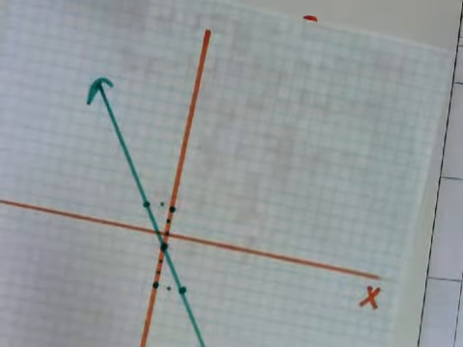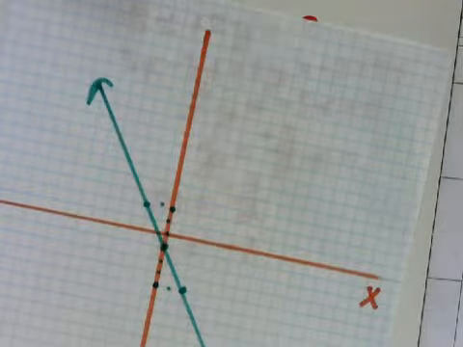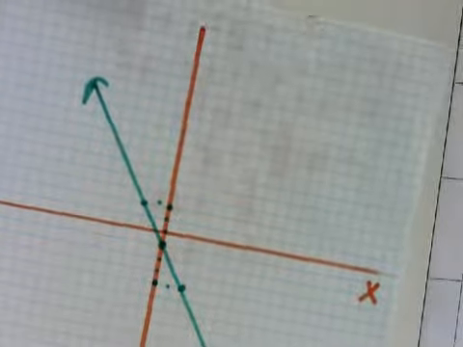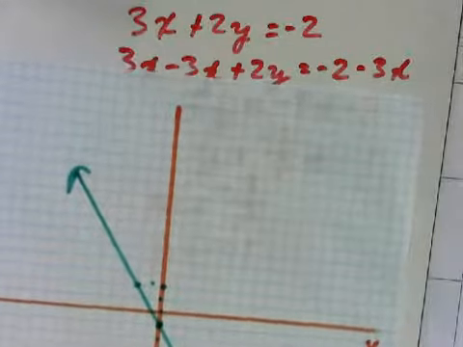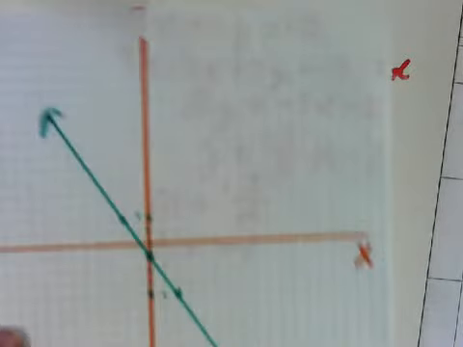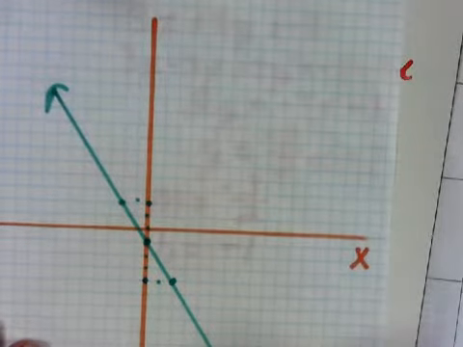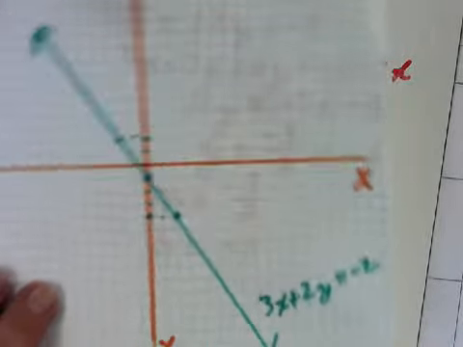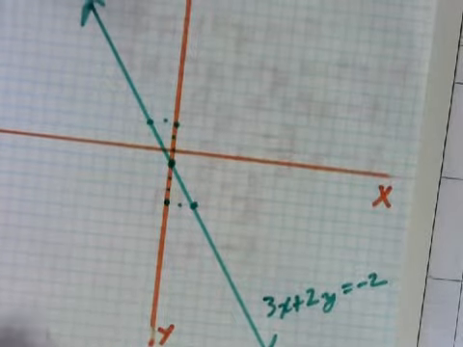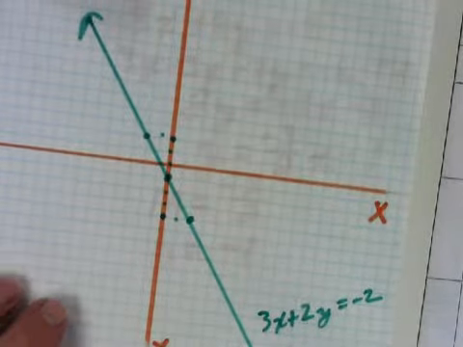So far so good? It doesn't give me a solution yet because I haven't worked with the other equation. So this happens to be 3x plus 2y equals negative 2, the one in green.